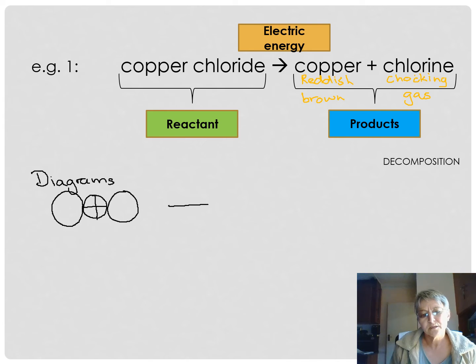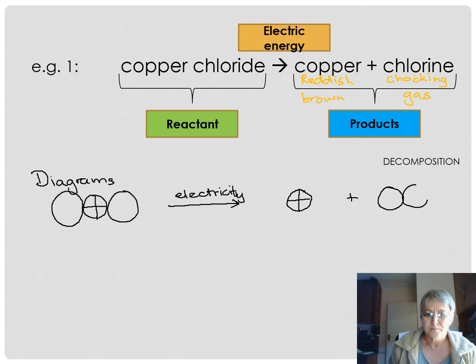Now this, with some electricity, forms copper, and chlorine is a diatomic gas. So the two chlorine atoms cling together in a chemical bond.